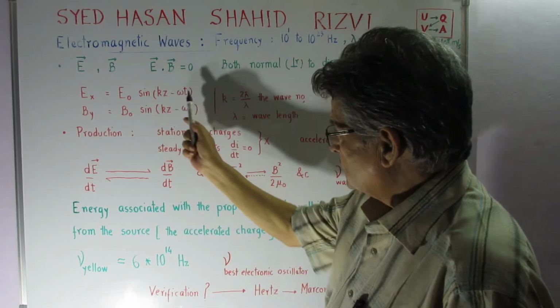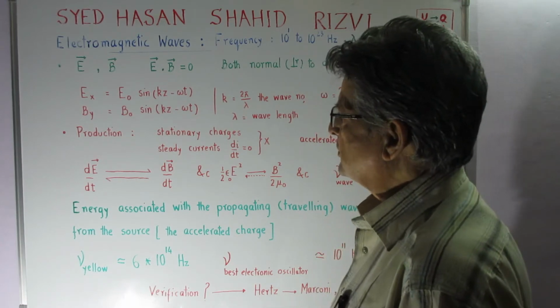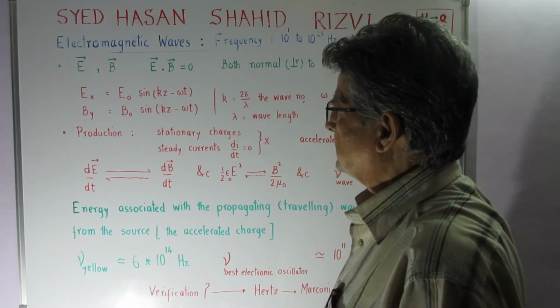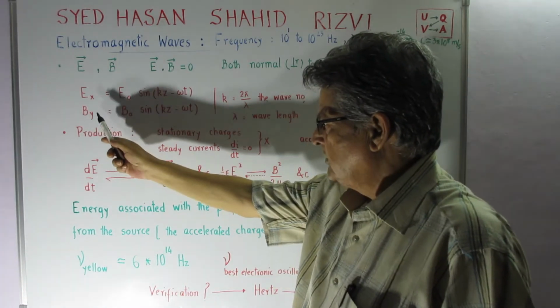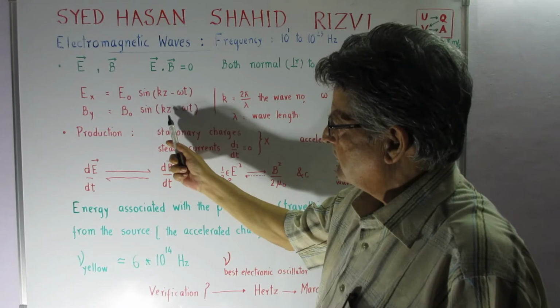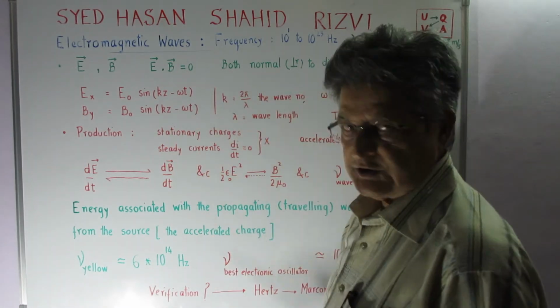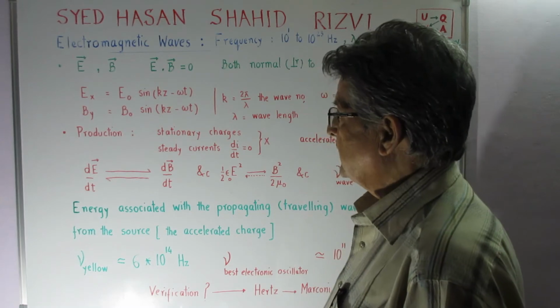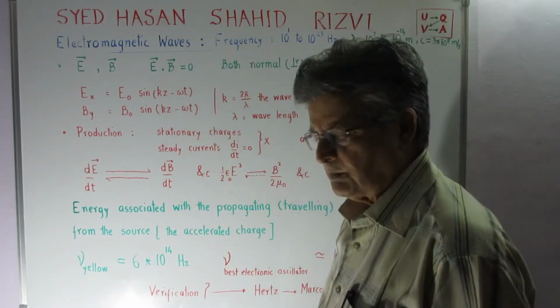So this is a sinusoidal wave. We have taken the simplest of the waves as the representative wave, and By in the y direction is B naught sine of kz minus omega t. This is in the positive z direction. If it were in the negative z direction, then it will be kz plus omega t here.